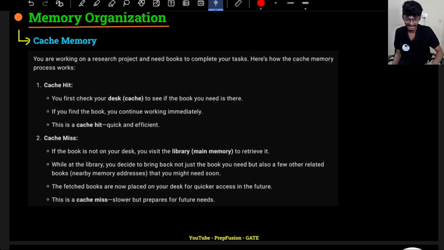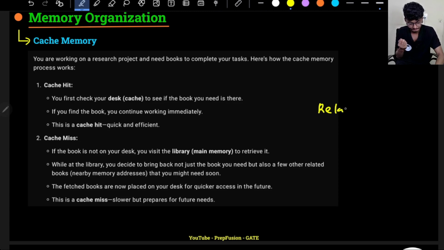But let's understand what actually happens. If you are in the library, you are a very smart person. You knew that the book was not at your desk, so let's say you need a book related to the theory of relativity. Of course you will go to the library and get that exact book.